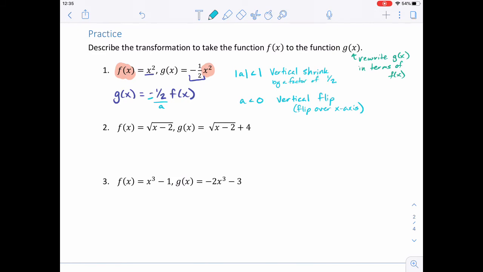It depends on how you talk about it, but you can just say 1/2. The important part is we have a vertical shrink and a vertical flip. So those are two things happening here. Let's look at our next one.